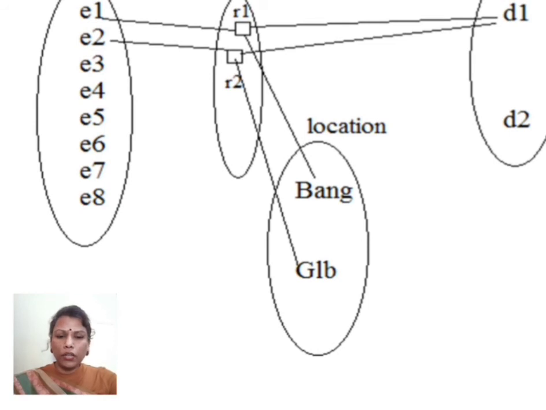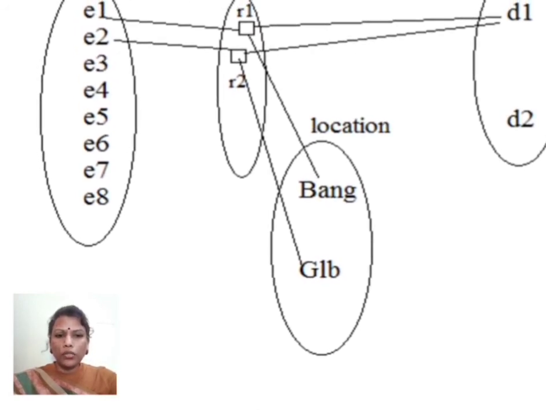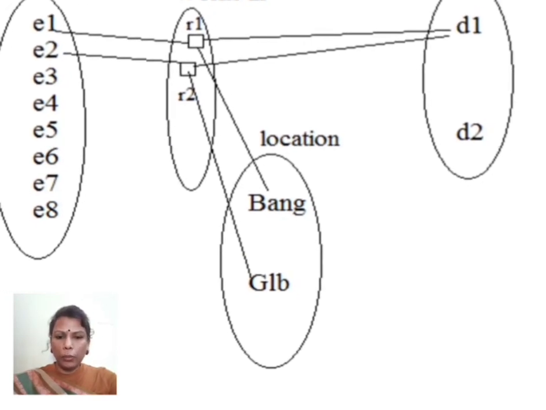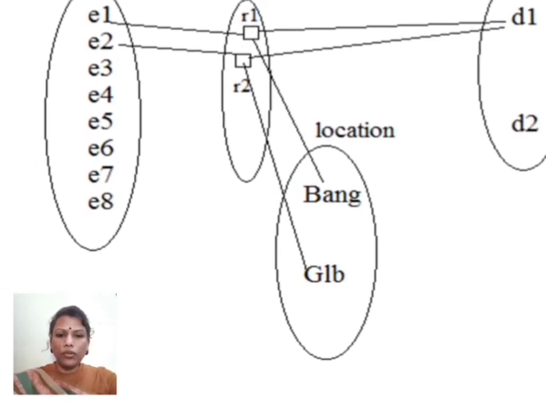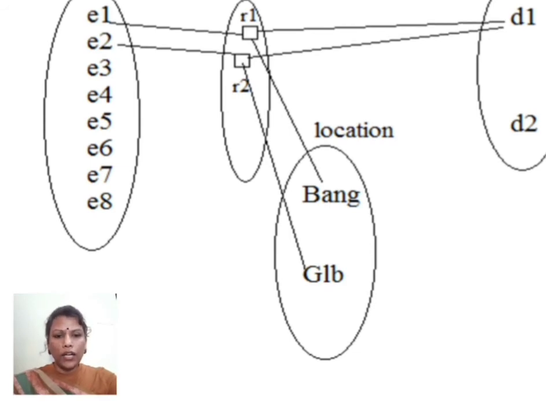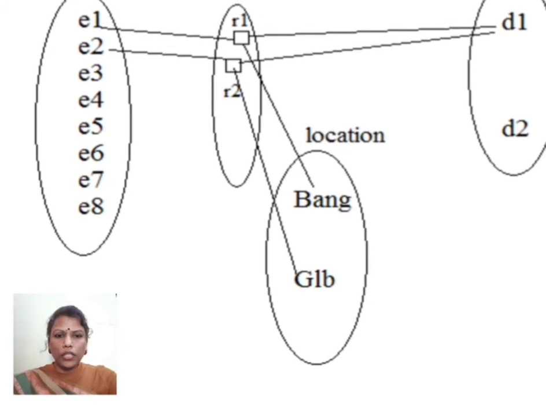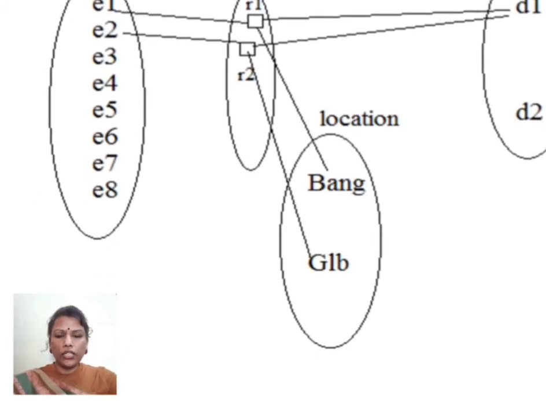Employee E2 is associated with D1 of department and also Gulbarga of location entity type. That means employee E2 works for department D1 and works in the location Gulbarga. So this is called a ternary relationship.